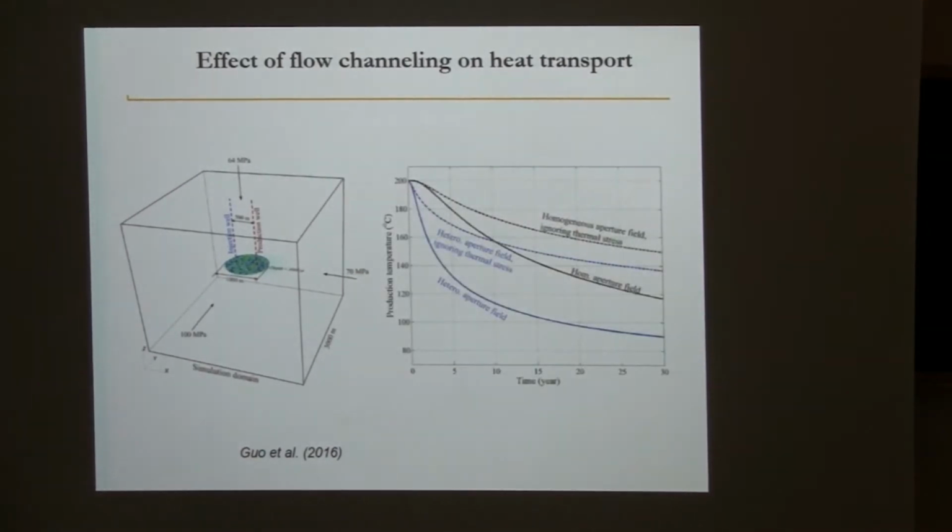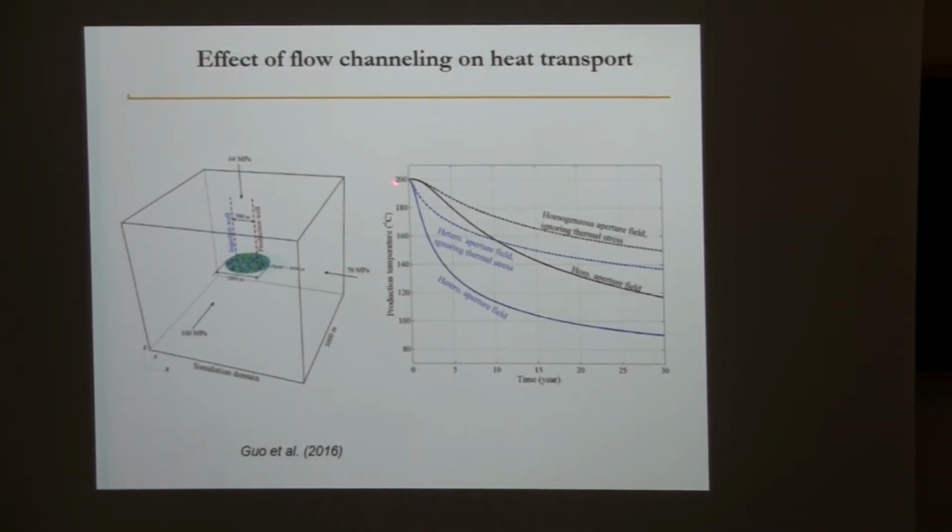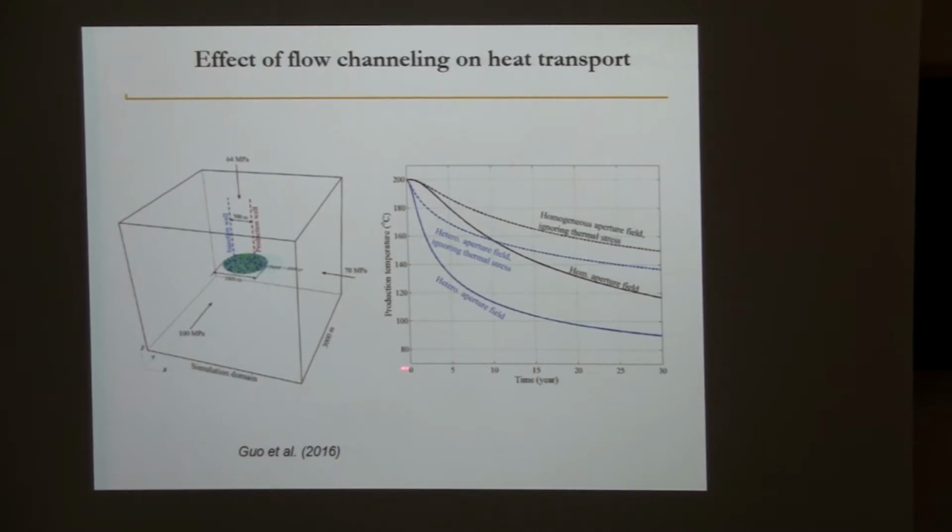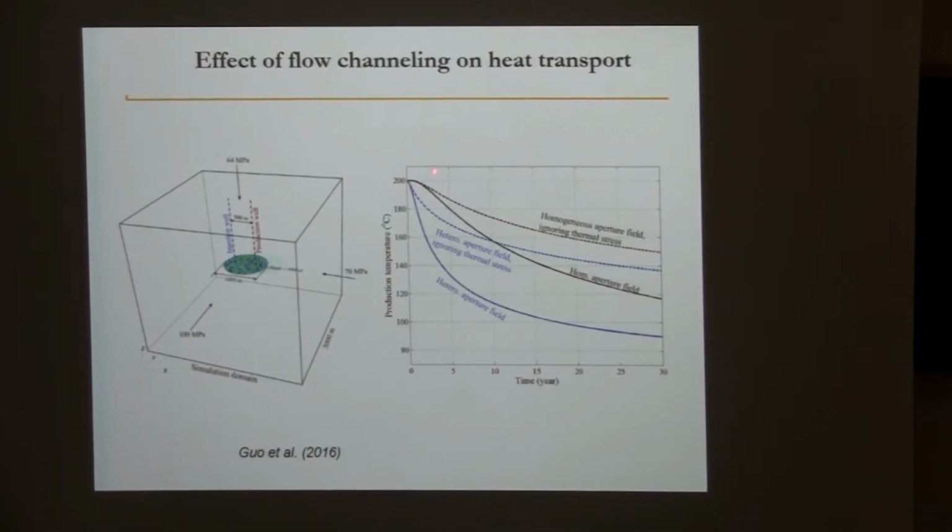And what is interesting is if you look at the production temperature, what Peter told you this morning, the production temperature through time. Here, this is the production temperature at the beginning, 200 degrees, and through time from 0 to 30 years. What they were able to show is that if you consider a homogeneous aperture field, then the temperature will decrease, but only slightly.